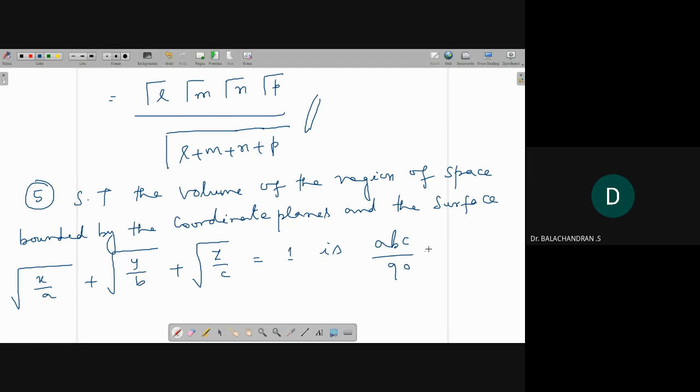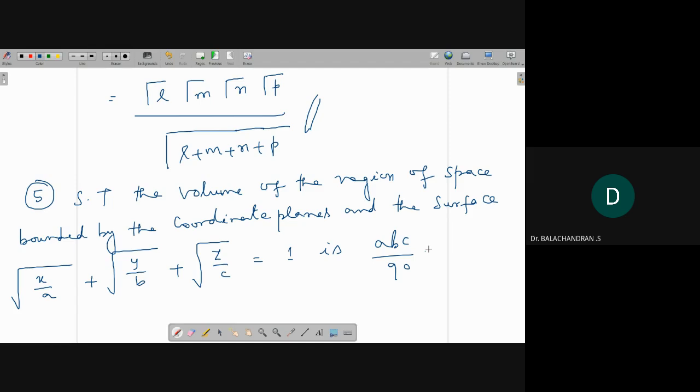Okay. Actually, similar type of problems we solved in the double integration. So yes, the double integration, find the area of the asteroid, x power 2 by 3 plus y power 2 by 3 equal to a power 2 by 3, and to find the area of the ellipse, x square by a square plus y square by b square equal to 1.